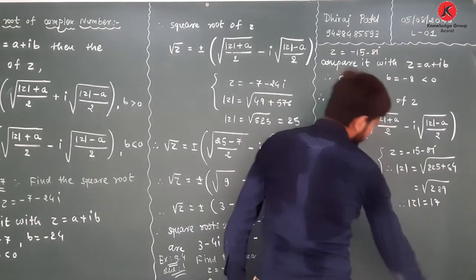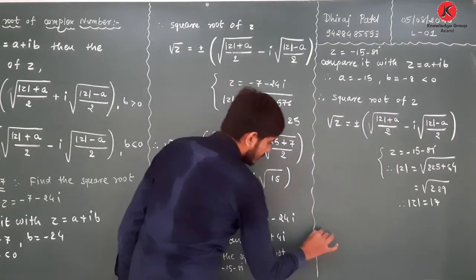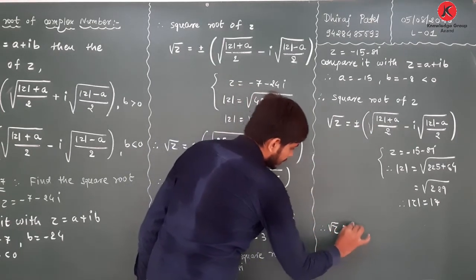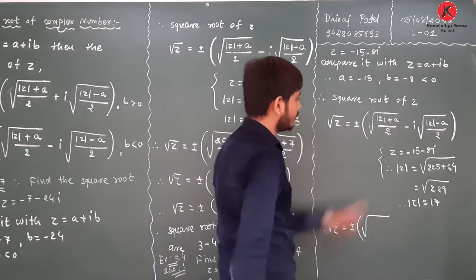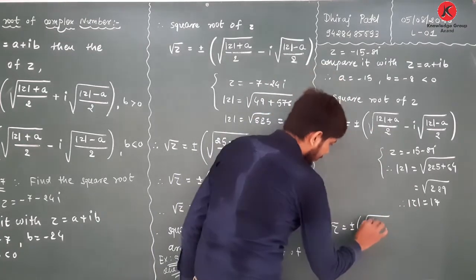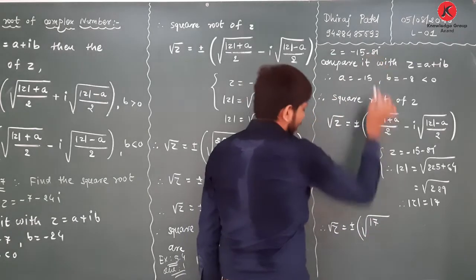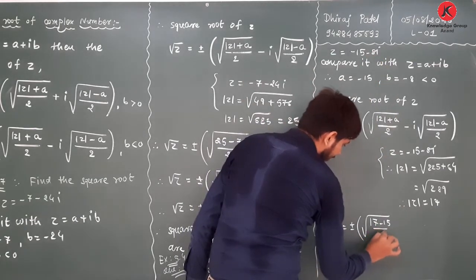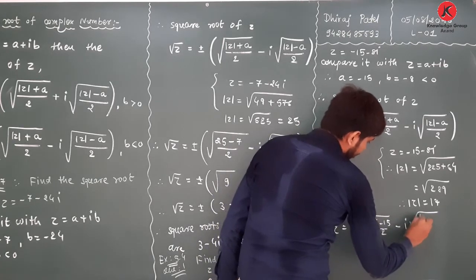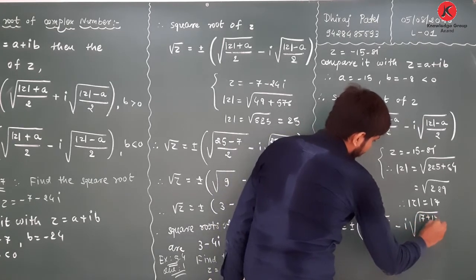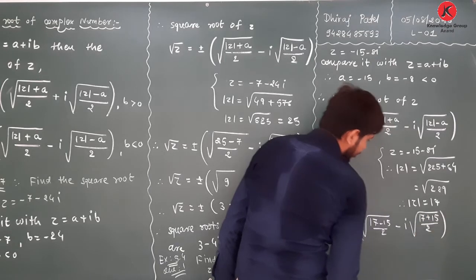Modulus of z is 17. Put the value. Therefore we are getting under root of z = plus or minus under root of (17 + (-15)) divided by 2, minus i under root of (17 - (-15)) divided by 2.